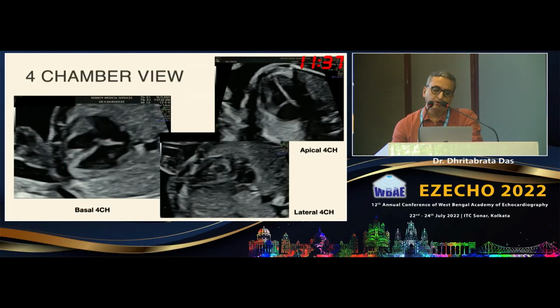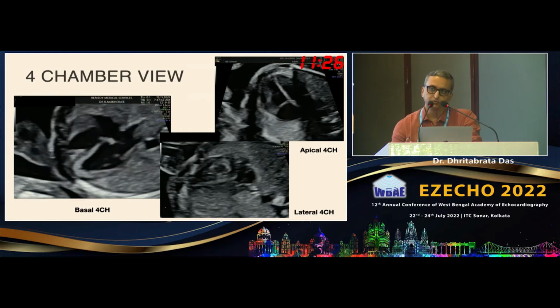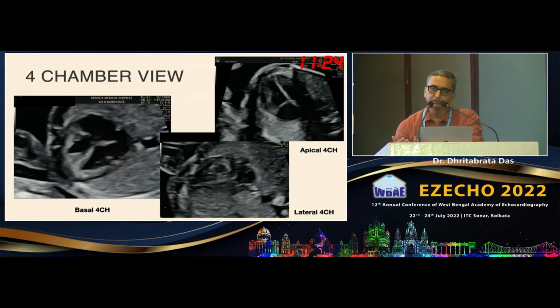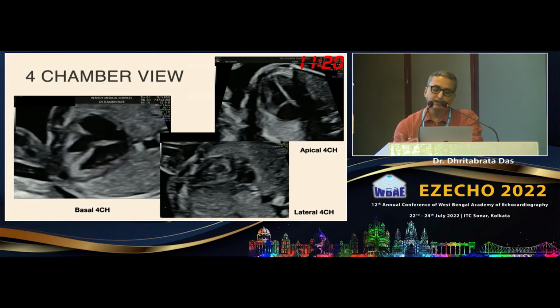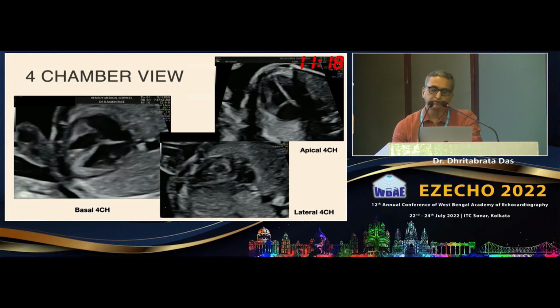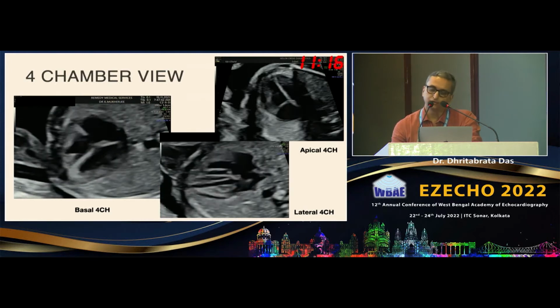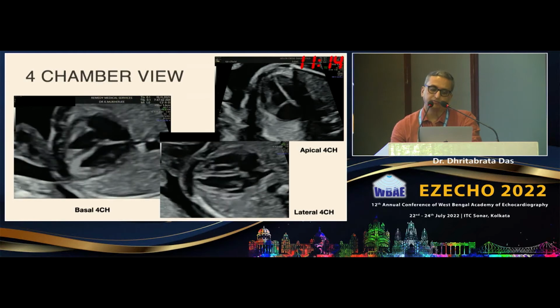Now, the most important view is the four-chamber view. We get the maximum information in the four-chamber view. And if you look at these three pictures, all are four-chamber views. We are used to get the apical four-chamber views. But in case of fetus, the advantage is that we can get three different positions of the fetus and we can get a basal four-chamber view where we are looking at the heart from the base.